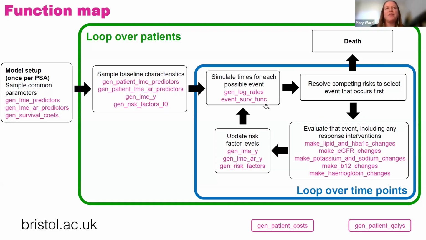After we've run the model, we then, in separate functions, generate the patient costs and queries. It was easier to do it this way because some of the costs start at one point and continue for the rest of the model, whereas some of them would last a particular length of time. It also meant that when I was debugging the code, I could sort out one bit and then the other bit without having to rerun the first bit.